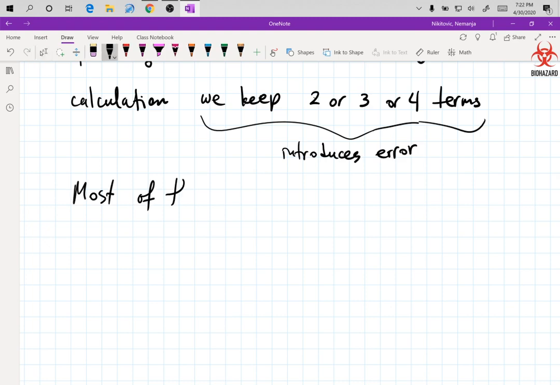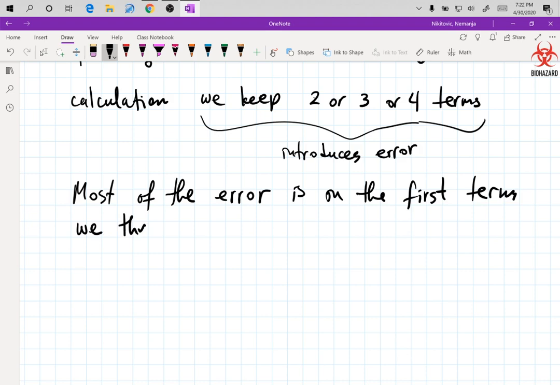Most of the error is in the first term we throw out.